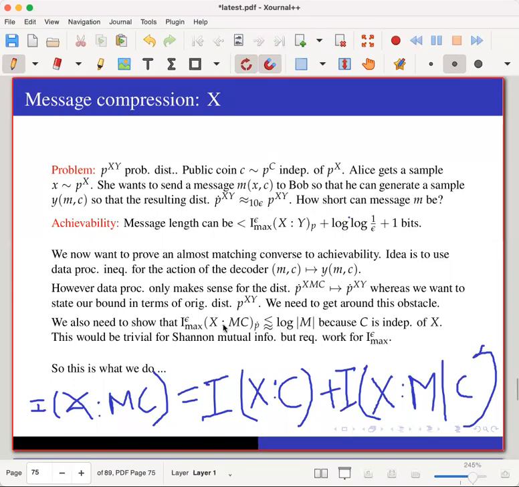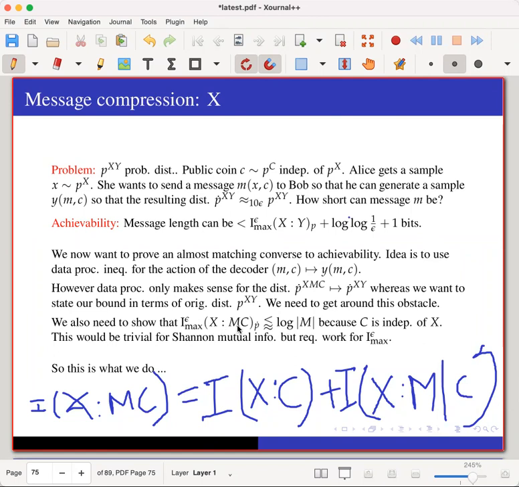The message length comes in here, because C is independent of X, this quantity. If it was Shannon mutual information, it would have been perfect. This quantity is at most log m, so log m is the message length.